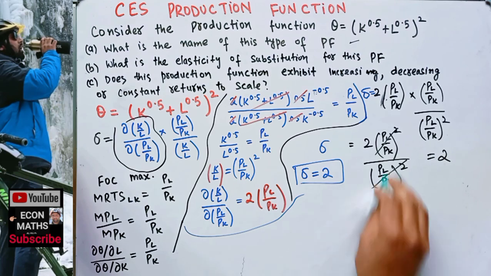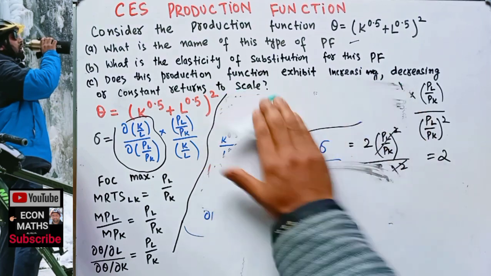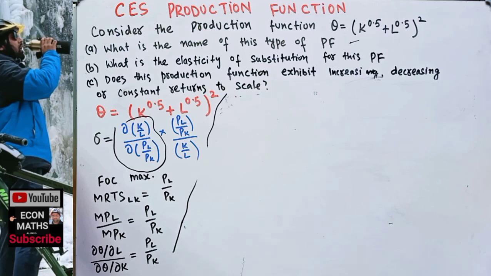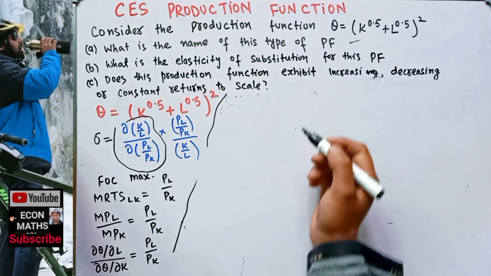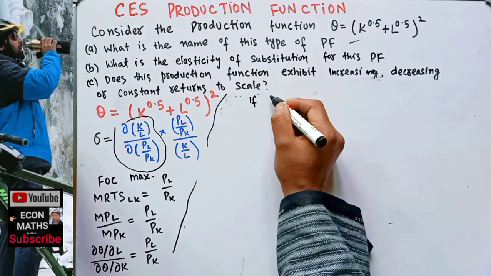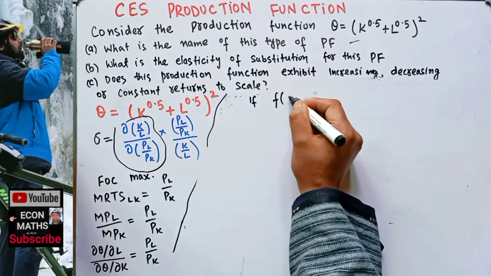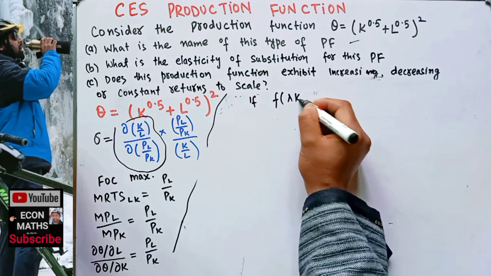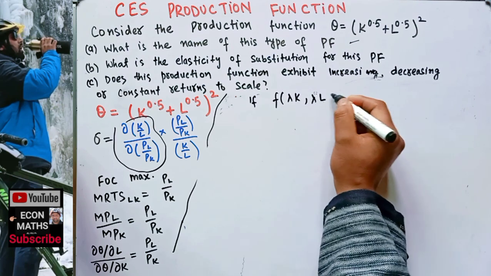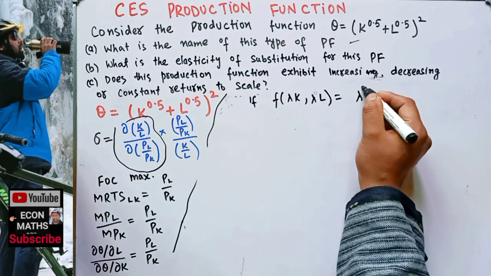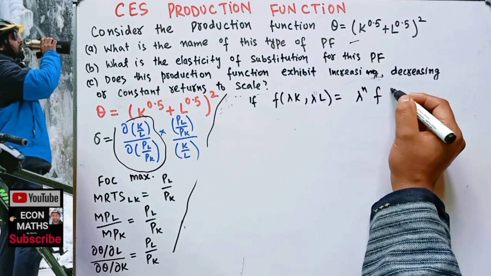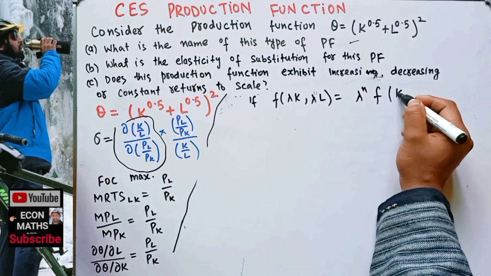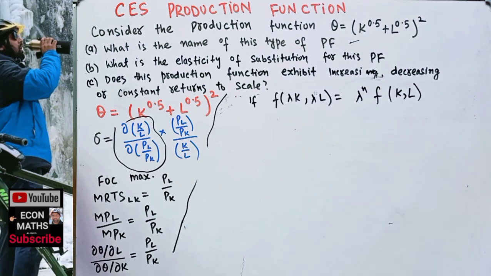For that, let me rub this out; I don't want to mess it with other stuff. A function is said to be homogeneous if f of lambda k, lambda l is equal to lambda raised to the power n times f of k l. I will explain it here.